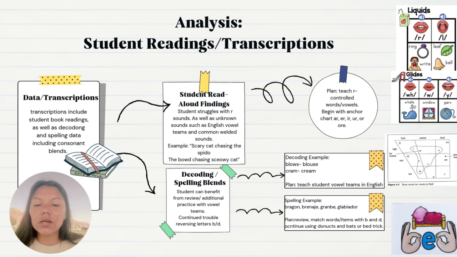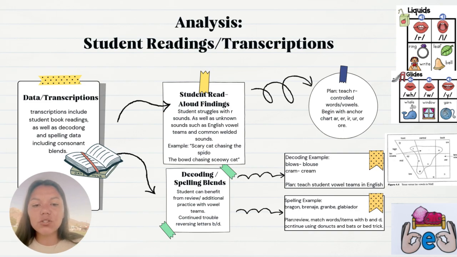You can see in her responses when she is reading and spelling those blends that she has been practicing, that some of her misinterpretations come from vowel combinations which are not present in her native language. We see some of those examples when she reads blows instead of blouse, and cram rather than cream.